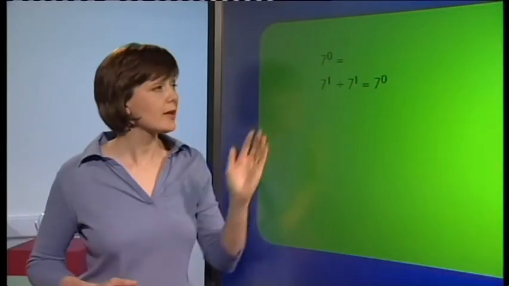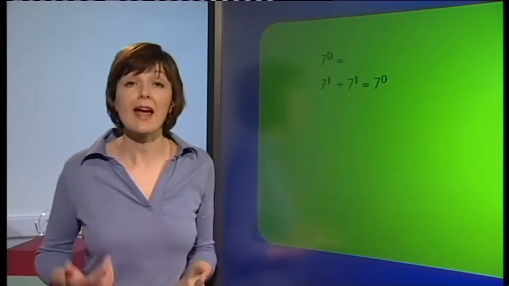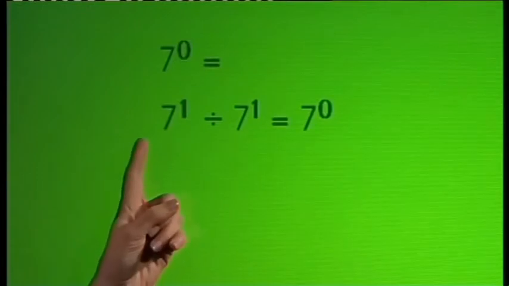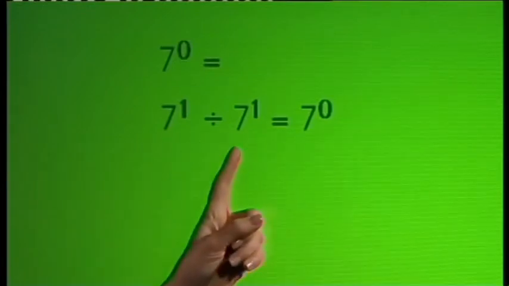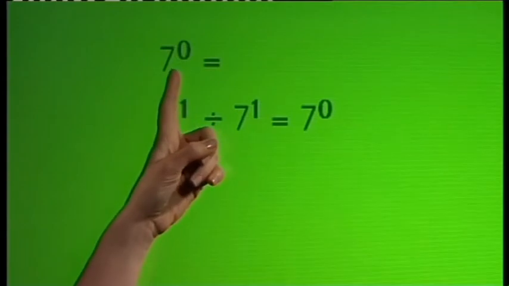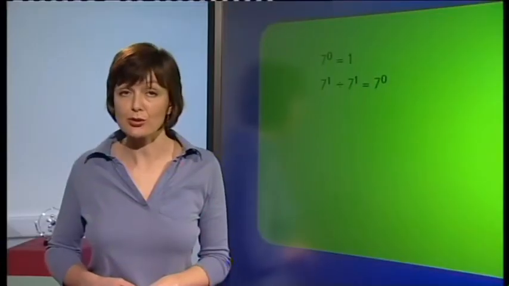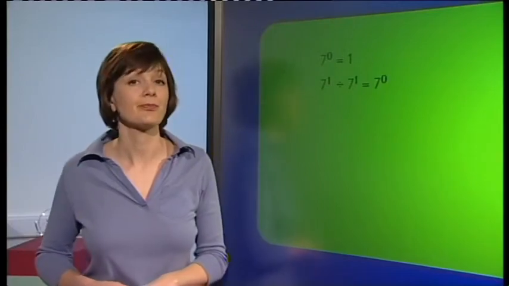So this is what we're looking for, but what is it? Well, on the left we've got something divided by itself, and dividing anything by itself, the answer will be just 1. So 7 to the power 0 is just 1, and in fact that's true for any number.